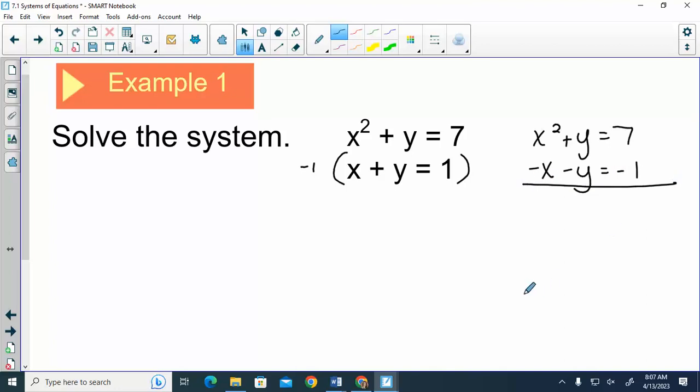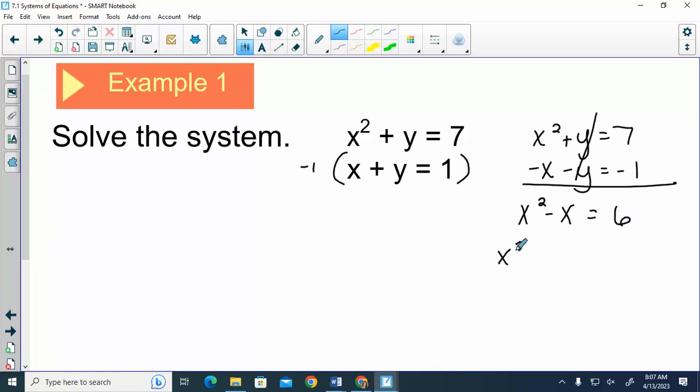So if I multiply by negative 1. Now, when I go to add these, you can only add like terms. So x squared and negative x are not like terms. I can't actually add them. So it's just going to stay x squared minus x. The y's drop, equals 6.